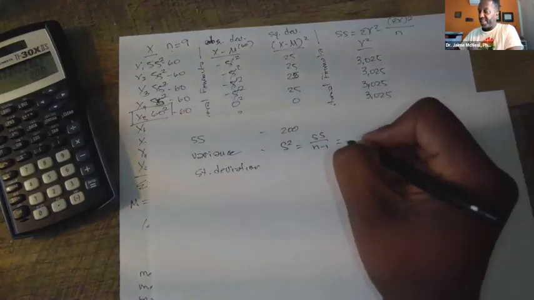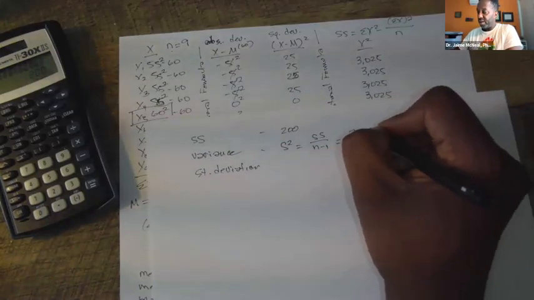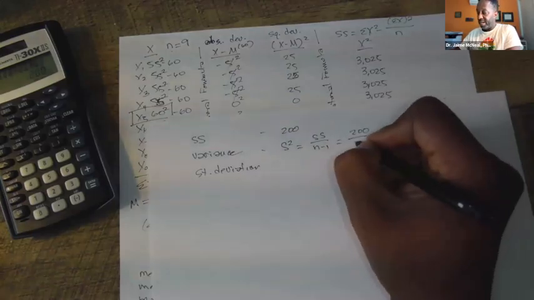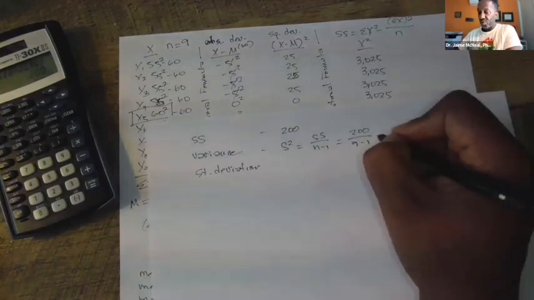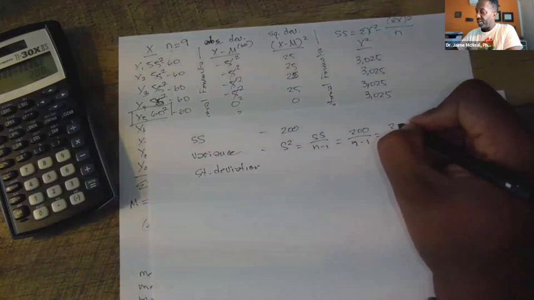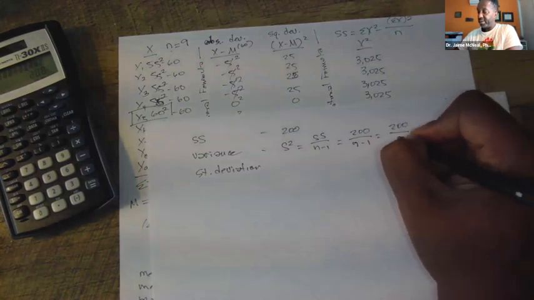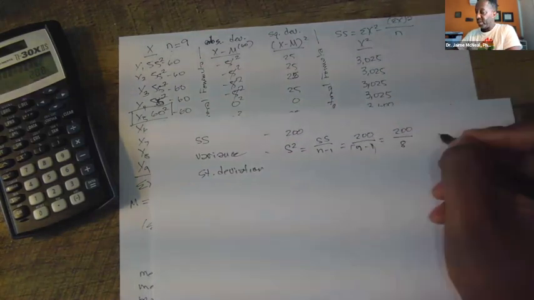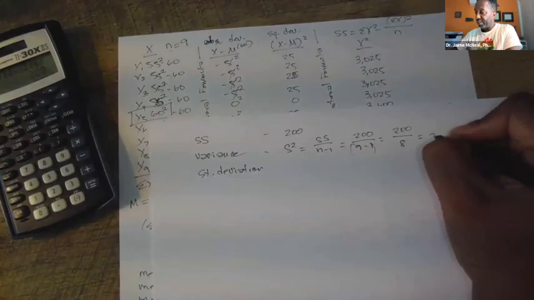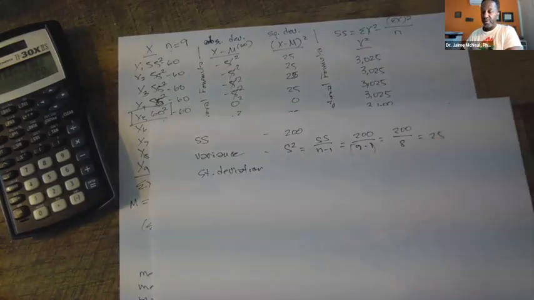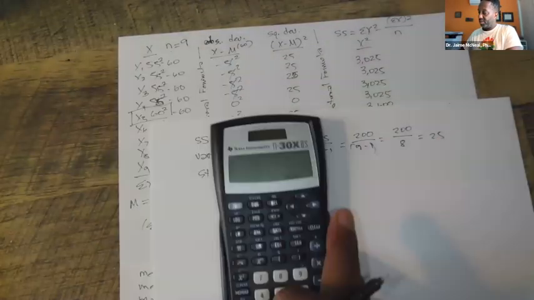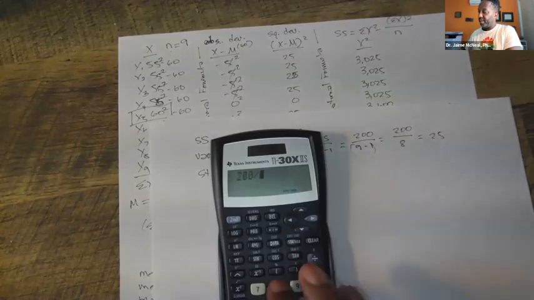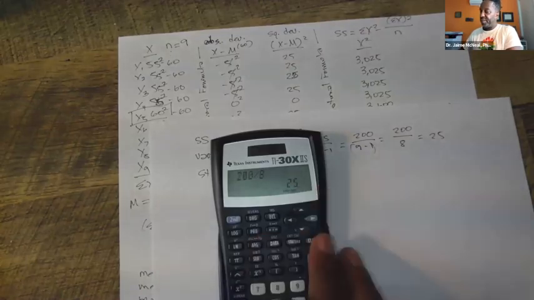Let's simplify that. That is 200 divided by 9 minus 1, or 200 divided by 8, which is 25, right?